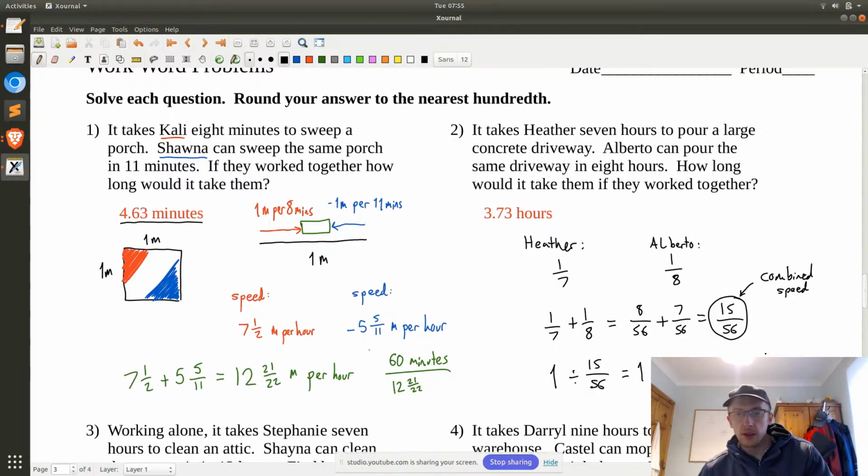Now, do you remember the original requirement? It was to get it to the nearest hundredth. Anyway, you type in 3 and 11/15, and you do indeed get 3.73. Great.